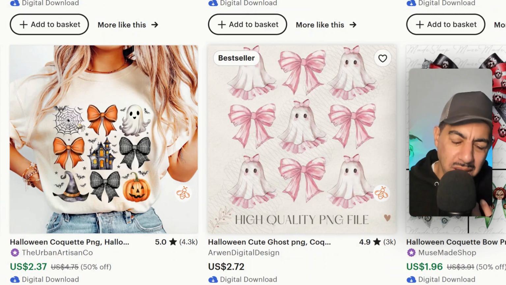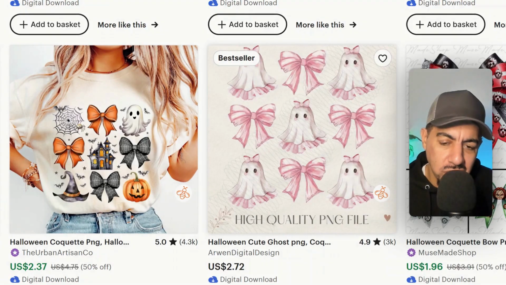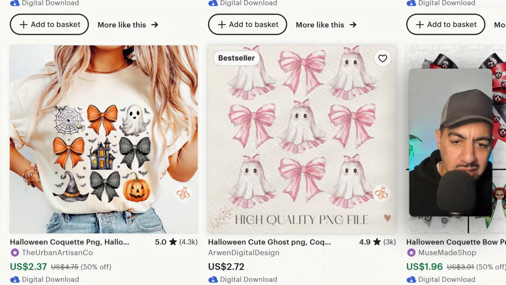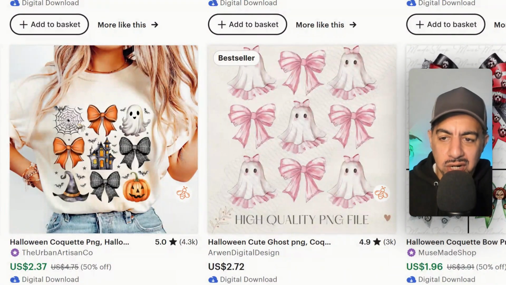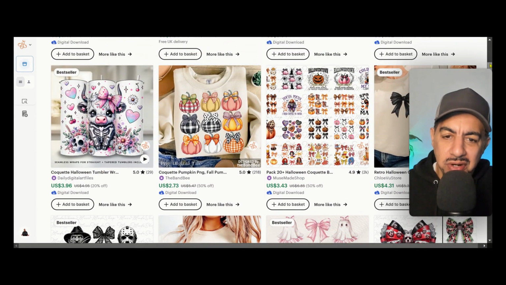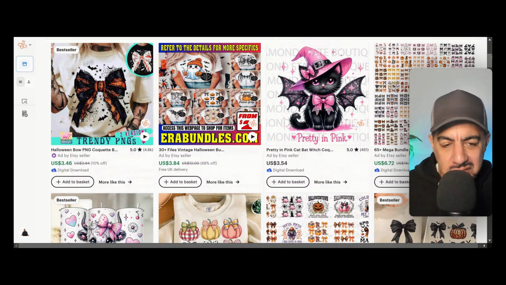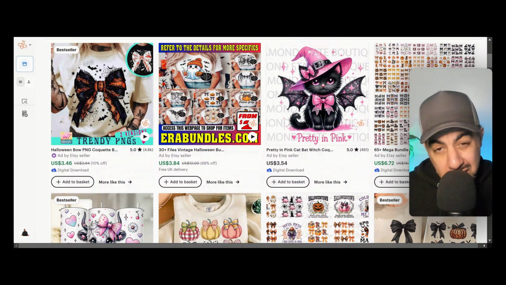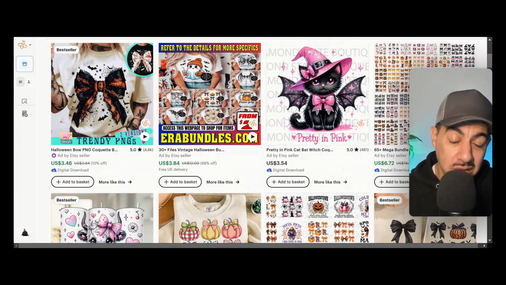So you've got that pink pastel style, or you might have the watercolor style mixed in with those elements of pumpkin, coquette, ghost, witch's hat, and so on, right? And people can be very creative with this. So it's understanding the best ways of mixing, or the best way of representing the coquette, is where you will find the most joy and the most sales.